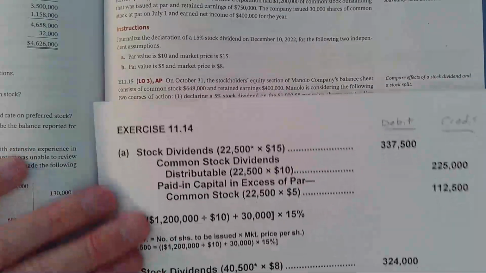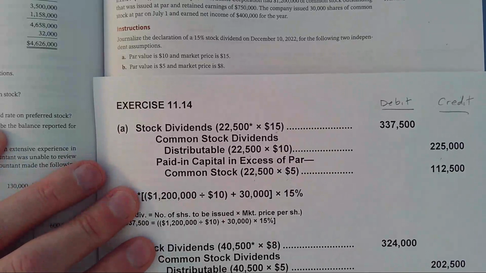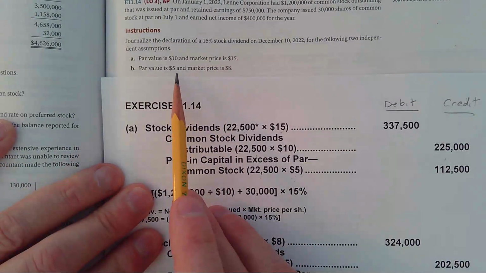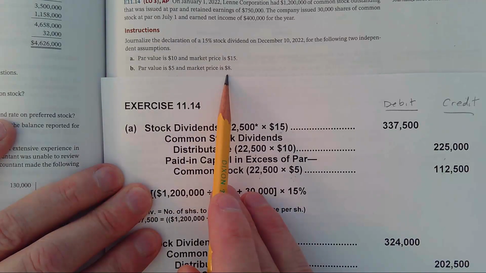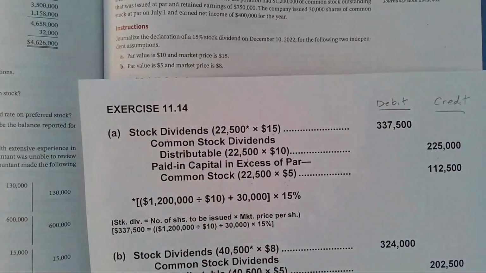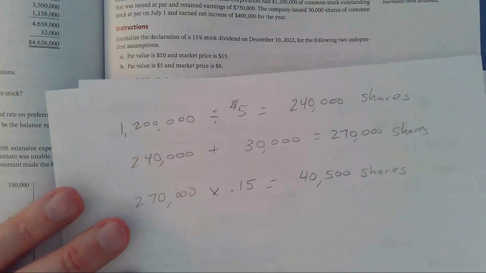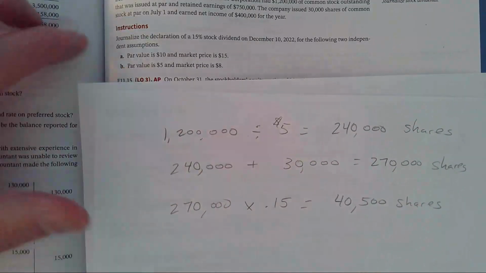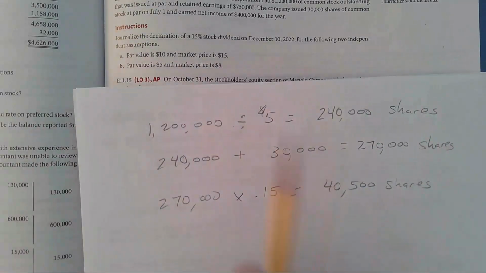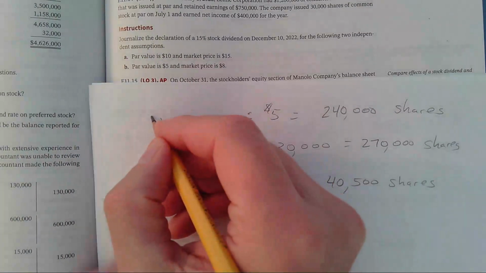Part B is now they just changed the fact that the par value is no longer 10, it's 5, and the market price is 8. So again, on a separate piece of paper, so you can see the calculation a little bit better, I took the 1,200,000.